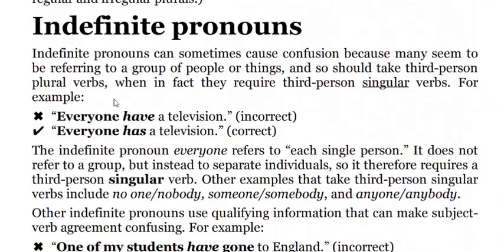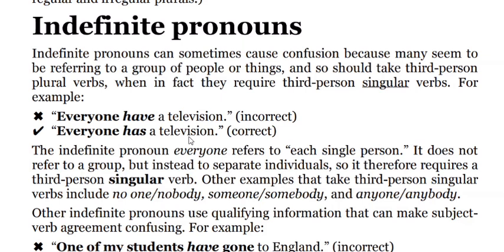Indefinite pronouns can sometimes cause confusion because many seem to be referring to a group of people or things and so should take a third person plural verb, when in fact they require a third person singular verb. For example, everyone have a television, incorrect. Everyone has a television. Mostly indefinite pronouns take a singular verb.